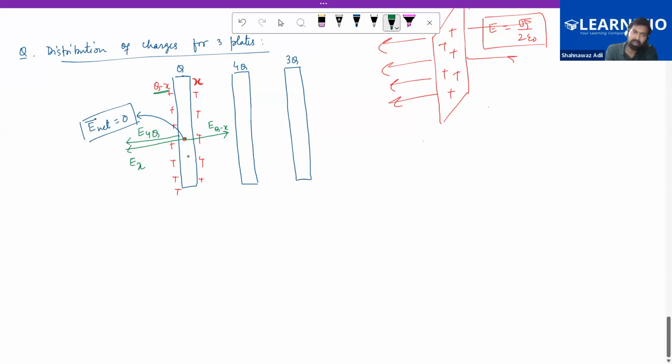And this is 3Q, so again this would be in this direction. So we have 3 electric fields in this direction and 1 electric field in this direction. And E net is 0, which means that they have to balance each other. So E net is 0, which means that E left would be equal to E right.